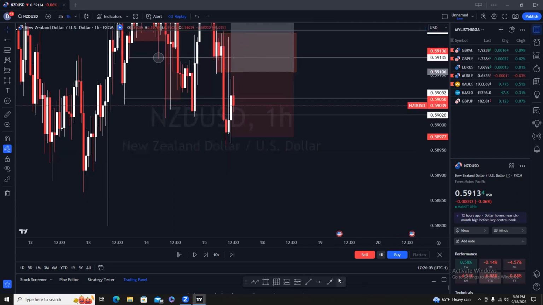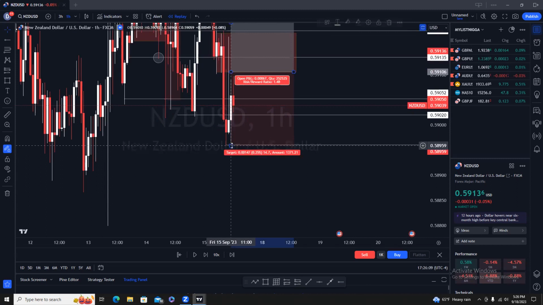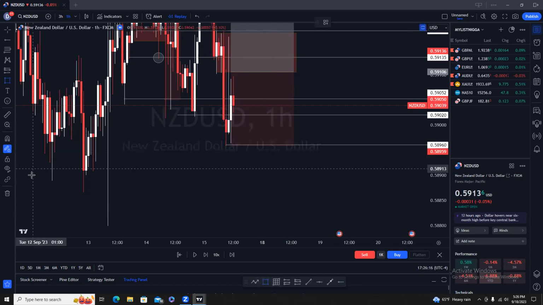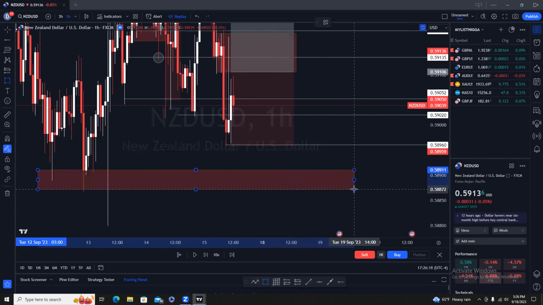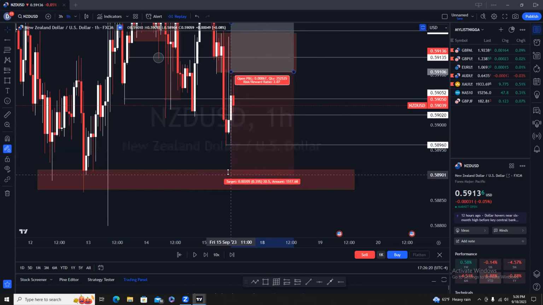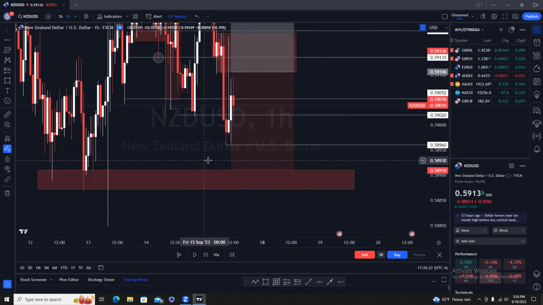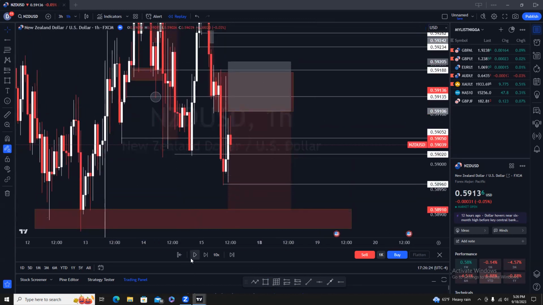Your first take profit is going to be at the lowest point. All right, that's almost a 1 or 2. Second take profit, I am aiming for this support area down here, which would be all this. So I'm gonna drag this to this, just like that. And let's see.